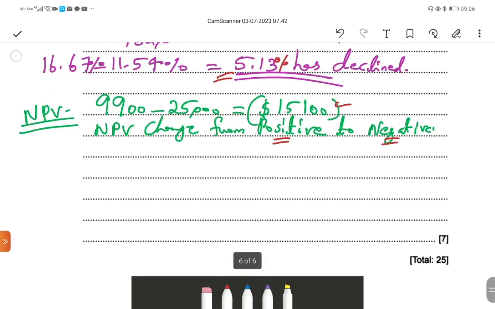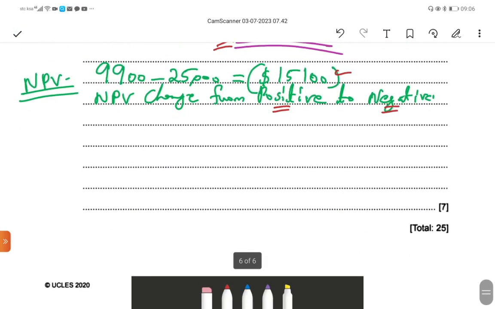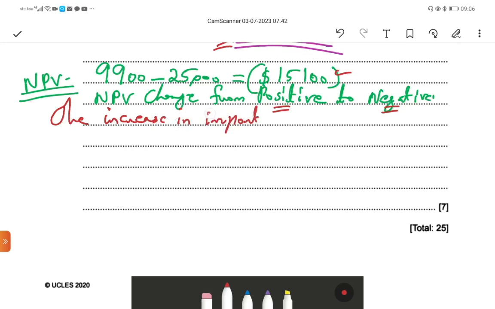So what will we decide? Is that good for Z Limited? No. The increase in import duty will affect the decision. It is not good at any level, like ARR, payback, net present value, everything is affected.